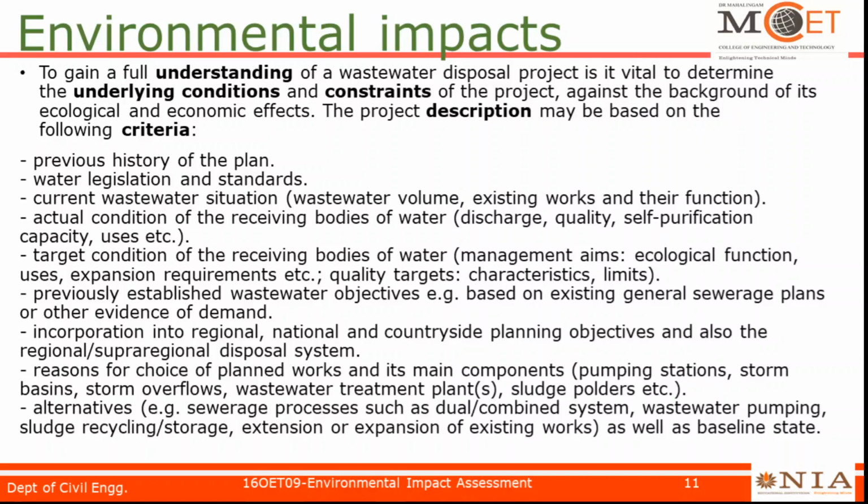So the project description is based on the following criteria: previous history of the plan, water legislation standards, current wastewater situation, actual condition of the receiving bodies of water, target condition of the receiving bodies of water, previously established wastewater objectives, for example, based on the existing general sewage plans or other evidence of demand, incorporation into regional, national, and countryside planning objectives, and also the regional or supra-regional disposal system, reasons for choice of plant works and its main components, right?